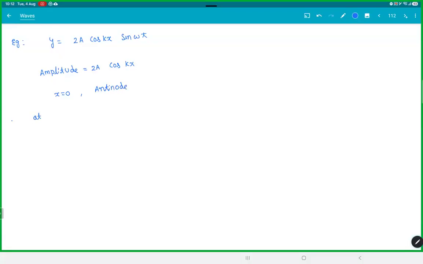At t equal to 0, everyone is at mean position. y equal to 0. All particles are at mean. Means if someone gives you this equation, all the particles are at mean, meaning the string is at the mean position, and you have chosen the antinode as origin.